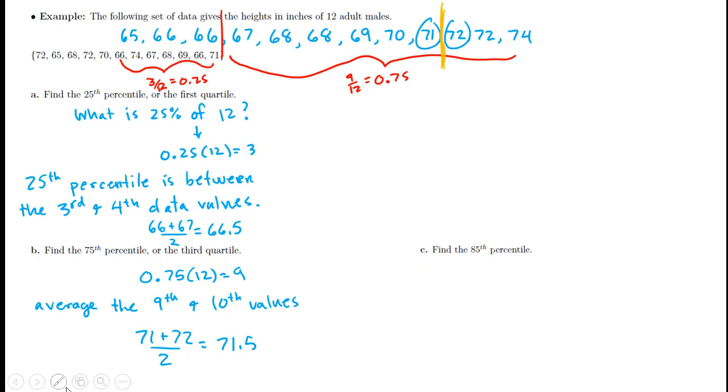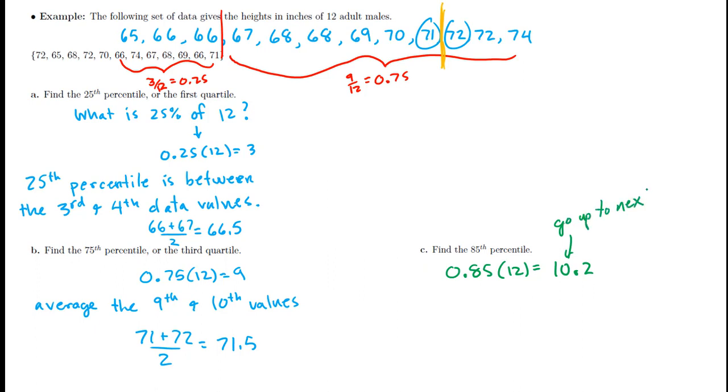All right, finally, the 85th percentile. Let's do that one. For the 85th percentile, we figure out what is 85% of 12. And that gives me not a whole number this time. So whenever you get a decimal number, then you're just going to go up to the next value.